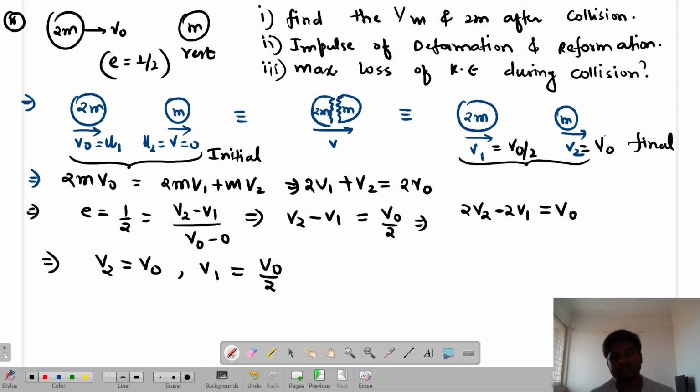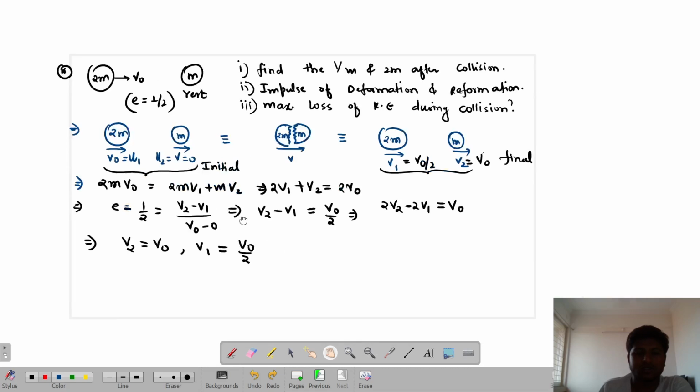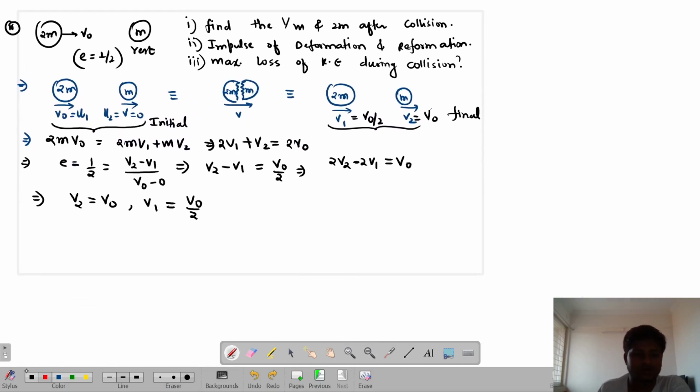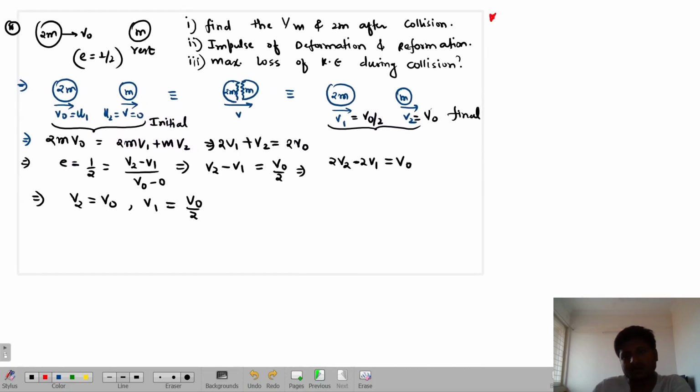Now the question arises: when they were in this deformation and reformation phase, what was their common velocity? That's a big question, or not? So let us just do the calculation about the intermediate phase, the impact phase.